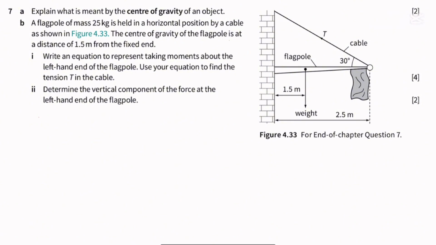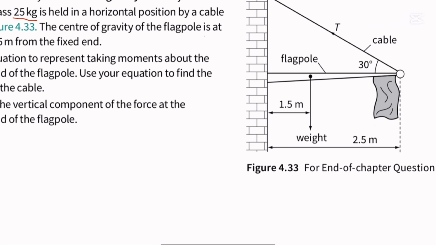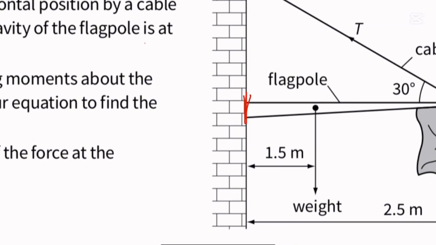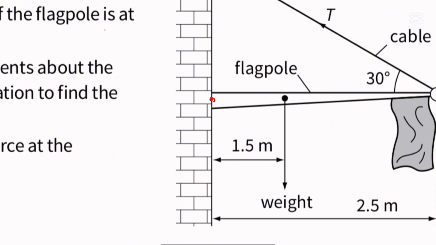A flagpole of mass 35 kilograms is held in a horizontal position by a cable as shown in figure 4.33. The center of gravity of the flagpole is at a distance of 1.5 meters from the fixed end. So right here, this is the fixed end, and this is a cable.